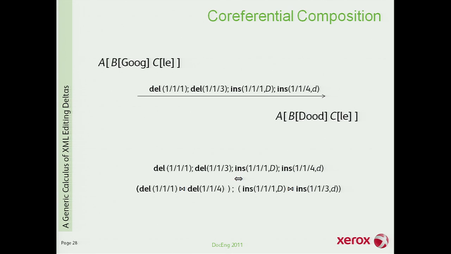You see that the del 1, 1, 3, which was the second operation, now has been rewritten as if, in fact, the referential is kept unchanged. That's the key point here. In the first case, you consider that it has changed, of course, because you deleted the first element. And in the second one, you consider that both are independent and are talking about the same referential element.